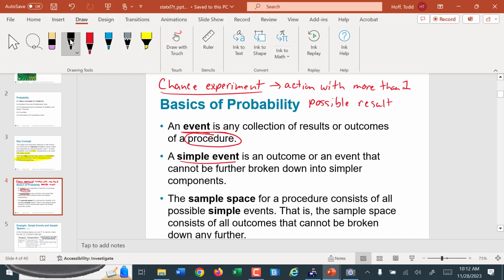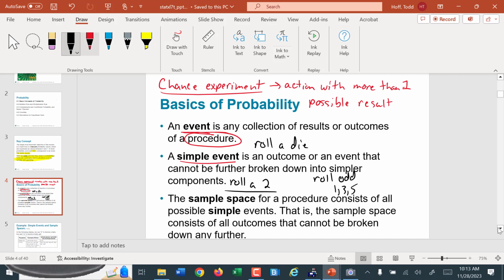For example here, if I'm rolling a die, a simple event might be rolling a 2. There is no way to break that down. But if I give you the event rolling an odd number, well, that can be broken down into rolling a 1, a 3, or a 5. So it can be broken down into other simple events.